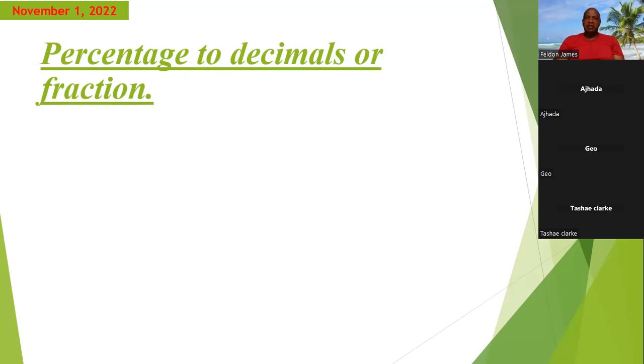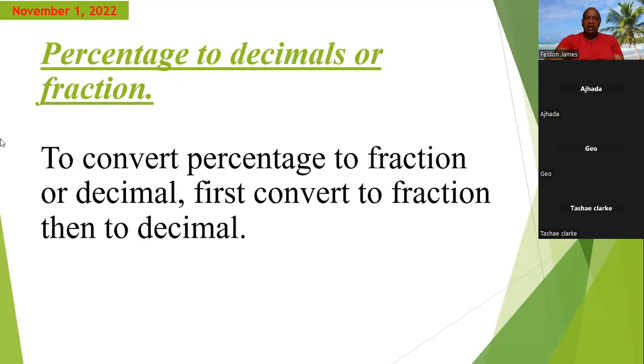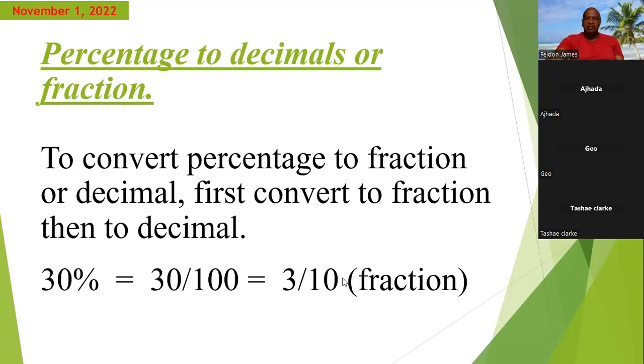So the easiest thing to do here is to first convert the percentage to a fraction and then convert the fraction to decimal. That should not be difficult for you guys because you would have seen how to convert fractions to decimals before. So as I said, we first convert the percentage to fraction and then the fraction to decimal.